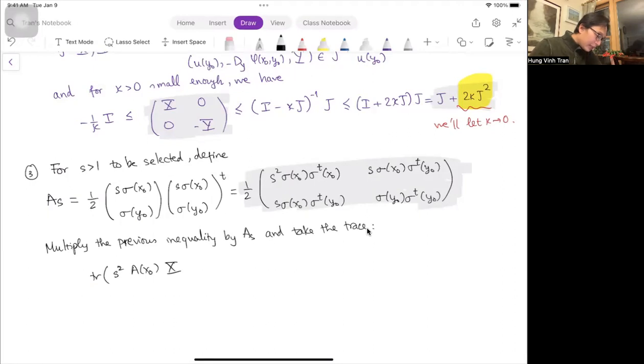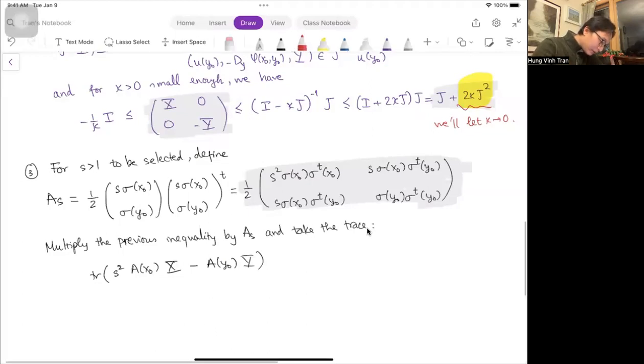And then the second slot in the diagonal, the lower diagonal, is exactly minus A of y0 times Y. Maybe let me remind you: this part here is A of x0, and this part here is A of y0. So that gives me the left-hand side. It's going to be less than or equal to the right-hand side. Let's just write it down first.